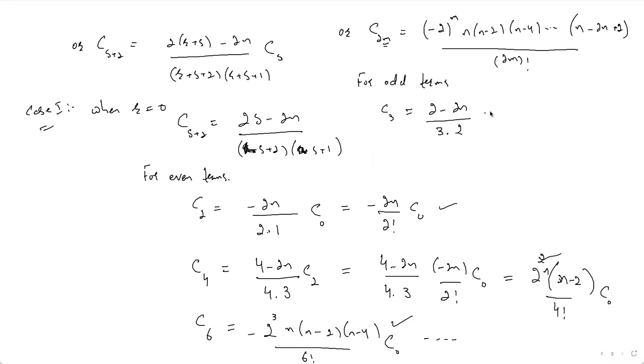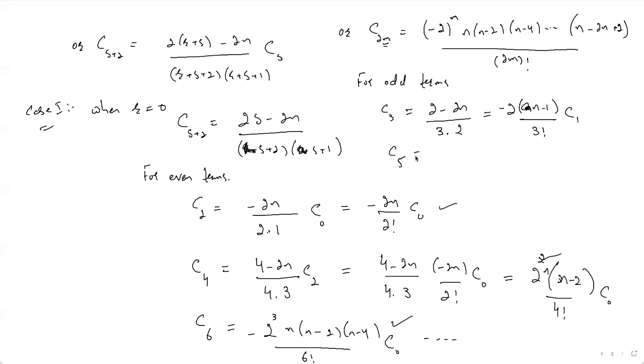Or I can write this as 2 into n minus 1, but minus 2 into n minus 1 divided by 3 factorial into c1, c3.